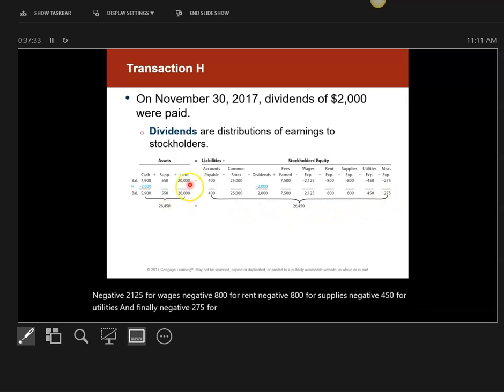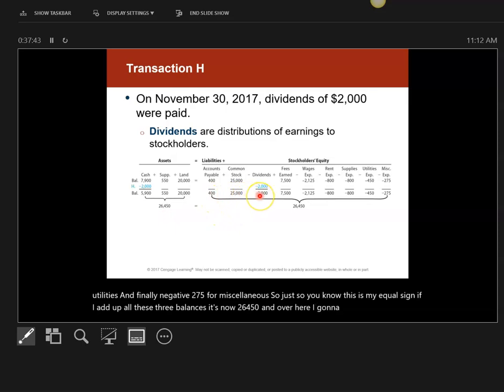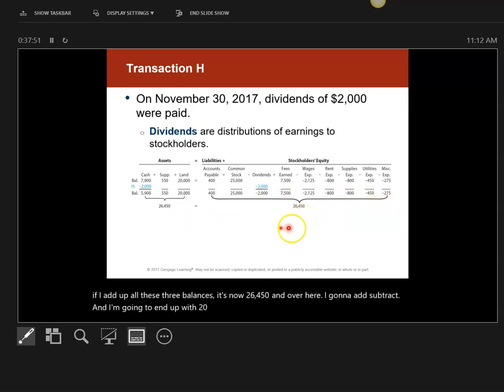So just so you know, this is my equal sign. If I add up all these three balances, it's now $26,450. And over here, I'm going to add, subtract, subtract, and I'm going to end up with $26,450. So they equal.